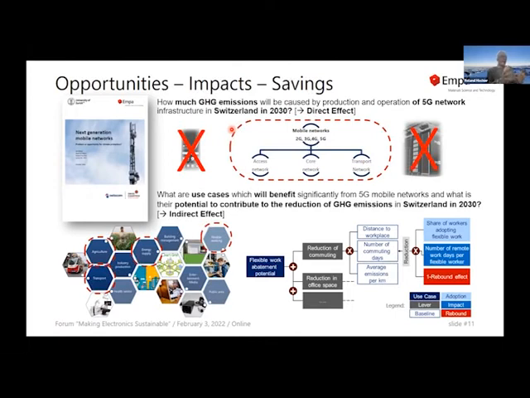For each of them, we then tried to calculate, on the one hand, the reduction potential that we see for flexible working, for example, by reducing the commuting amount that the worker is doing over a week, and reducing the office space in the company, which means reducing heating and so on, but also taking into account possible rebound effects.